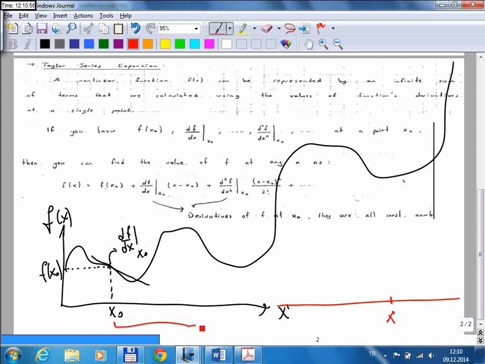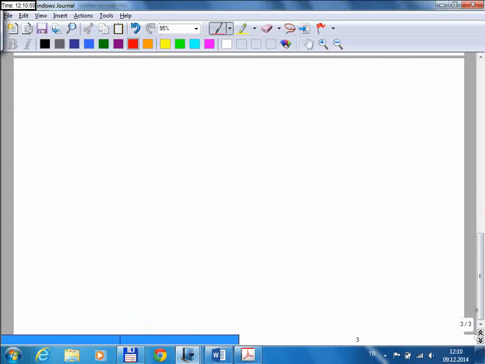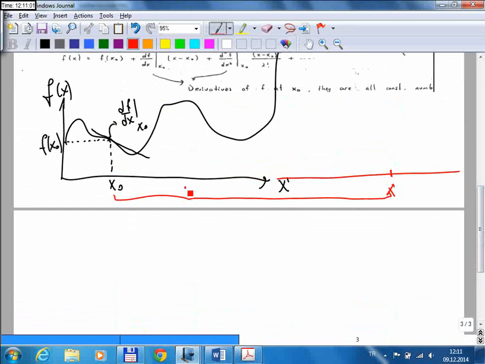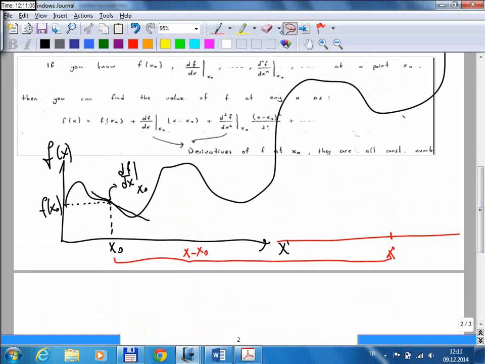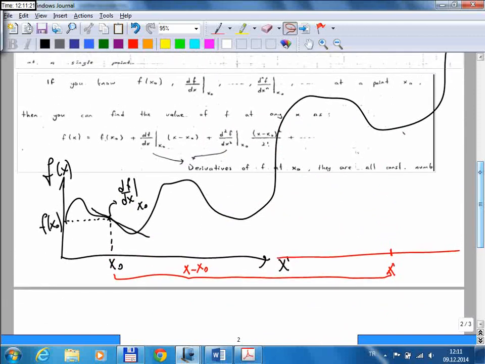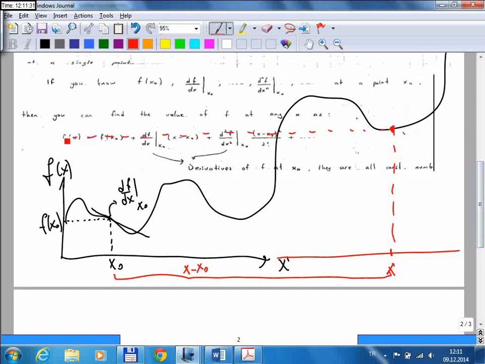This is x minus x0. And then you add to it the value of the second derivative at this x0 point multiplied by x minus x0 squared over 2 factorial. And you continue all the way up to infinity. And that way, believe it or not, you can find the value of the function at this point. So you can eventually obtain this value. This is f of x.